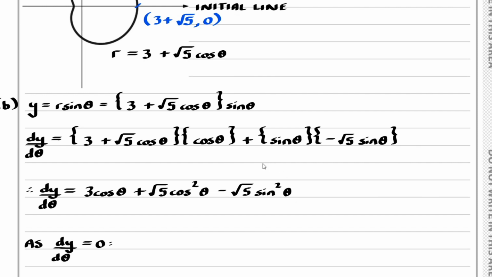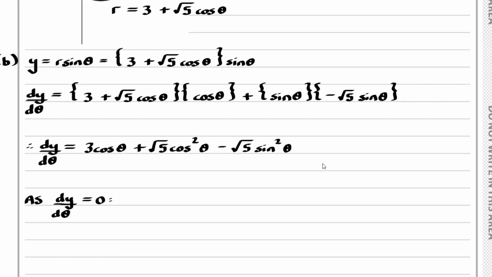So at this point, as we have a tangent which is parallel to the initial line, dy over d theta is equal to 0. And if that's the case, we set this result equal to 0. And what we are required to do is find out what cos theta is.